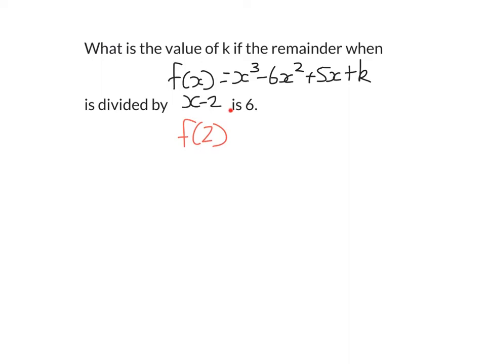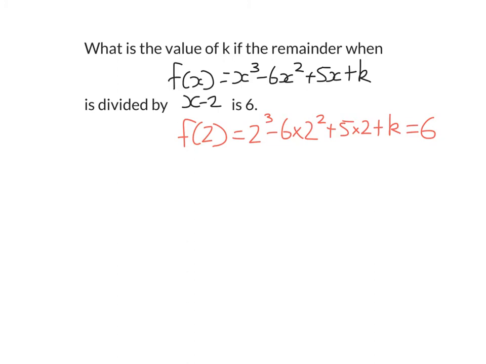So I'm going to substitute in 2 for x. I get 2 cubed minus 6 times 2 squared plus 5 times 2 plus k. Because the remainder is equal to 6, the claim here is that when I substitute x equals 2 into this polynomial, the answer is 6.